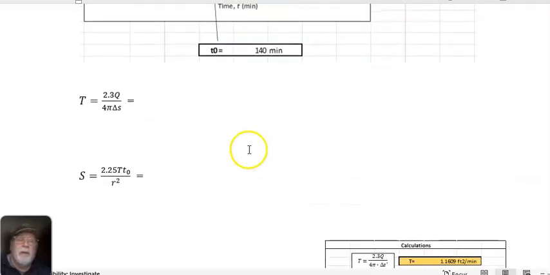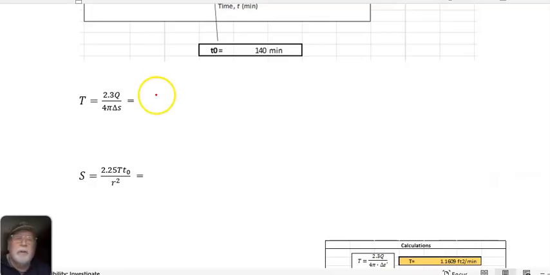So then I can calculate T equals 2.3 Q over 4 pi delta s, where again, little s is the drawdown, big S is the storage coefficient.